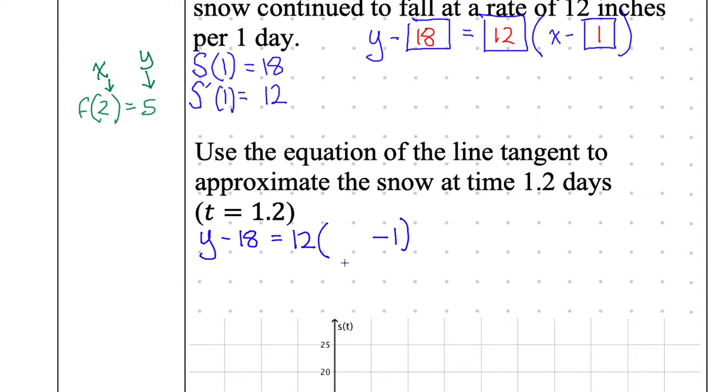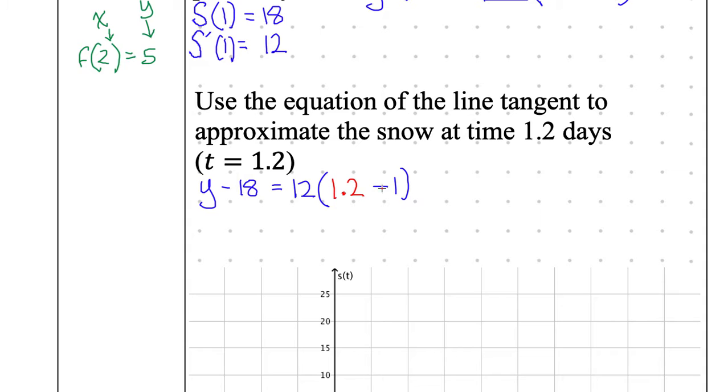What am I going to substitute in for x now? 1.2. So we're plugging in 1.2, and then we actually have to calculate that. So 1.2, mental math here. 1.2 minus 1 is, shout it out, 0.2. Now 0.2 times 12 is? 1.4.